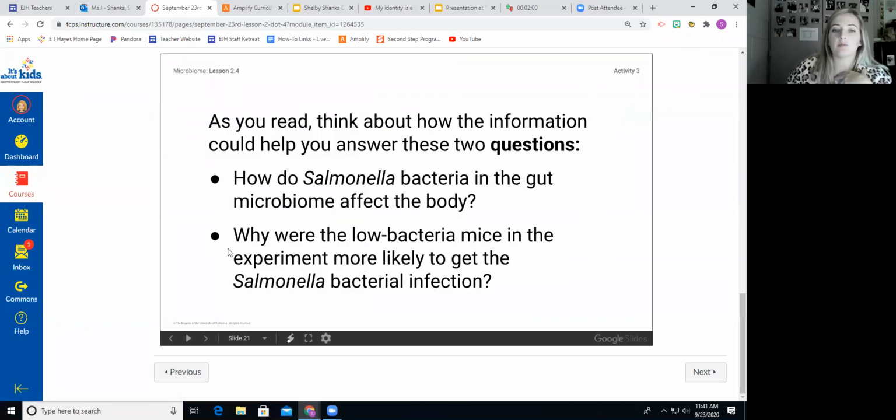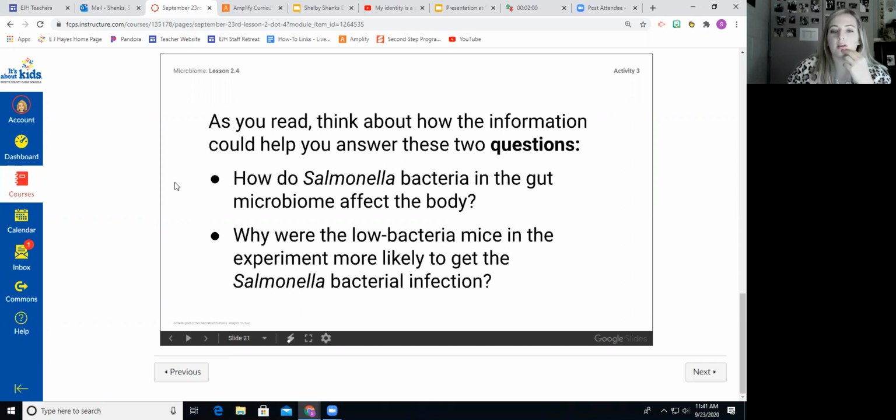So as I read, I want you to think about these 2 questions. How does Salmonella bacteria in the gut microbiome affect the body?